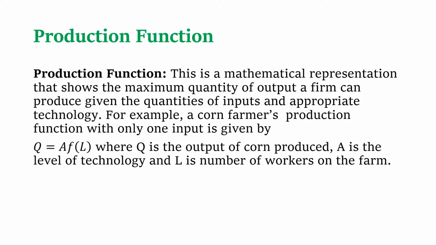In this case, we are only looking at labor, assuming that all the other factors, like capital and land, are held constant. So we only have labor as the main input in the production process.